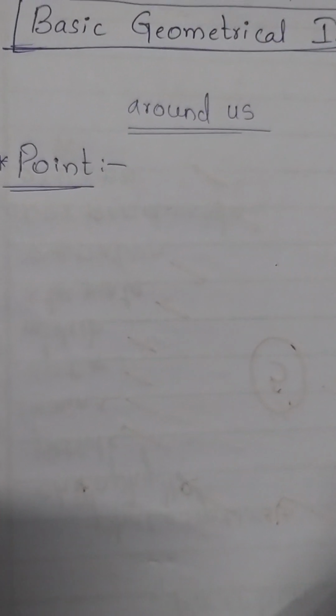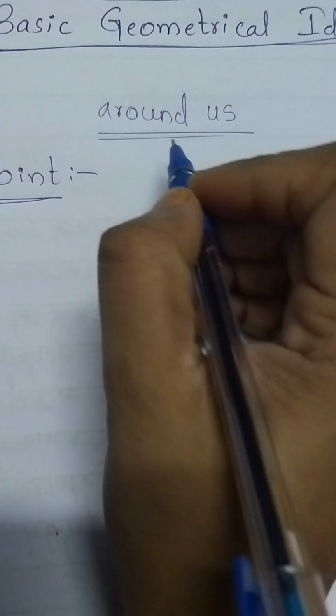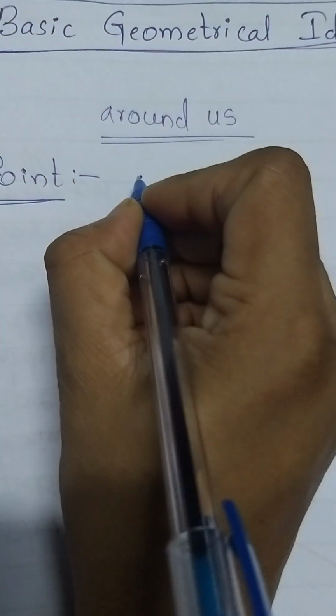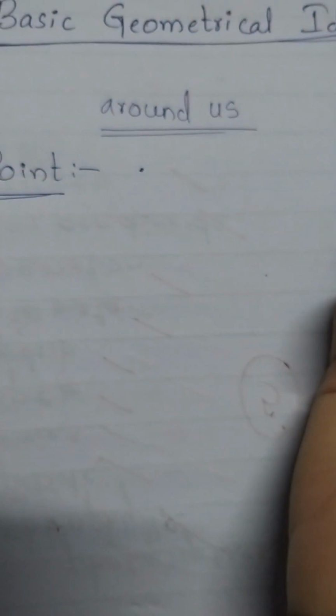You have some idea about a point. How will you denote a point, children? A dot, like this you denote a point. On a paper you have to draw only a small dot, and it will become a point.